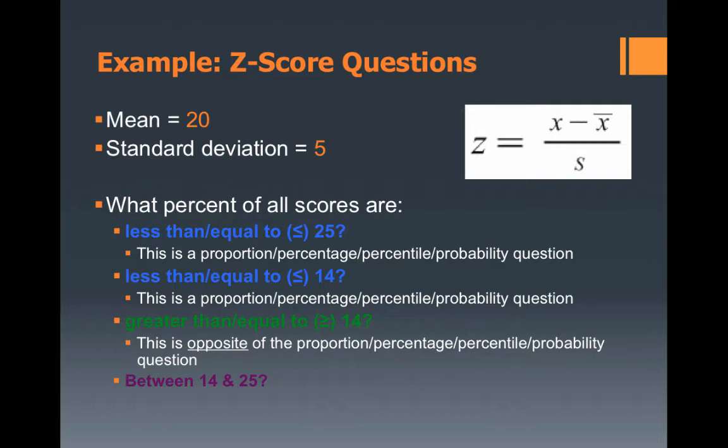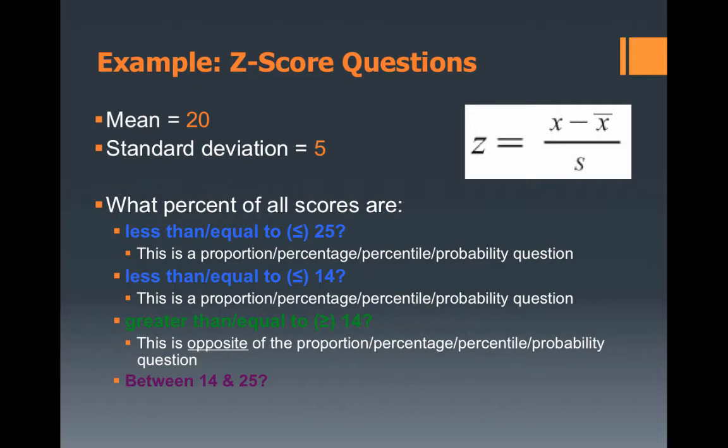We've already found the percentage of all scores that are less than or equal to 25 and 14, but now I want you to see if you can figure out the percentage of all scores that are greater than or equal to 14 and the percentage of all scores that are between 14 and 25. I'll give you a hint.